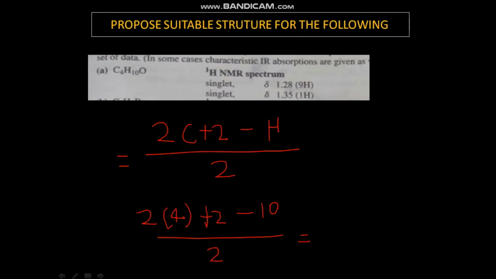Now we haven't discussed the oxygen. See, in an organic molecule, most often there are 3 kinds of heteroatoms that may be present. One is nitrogen or its family members, or oxygen or its family members, or fluorine or its family members.